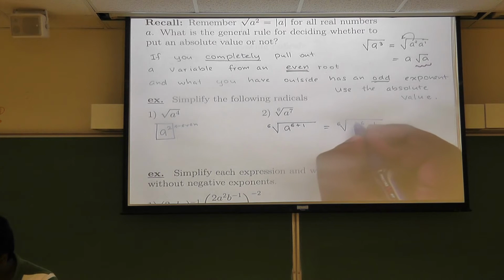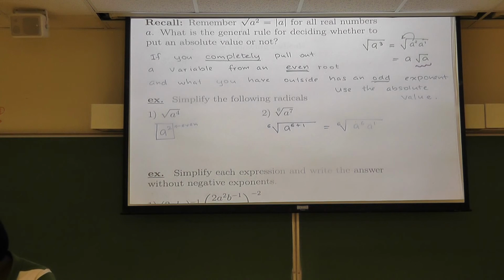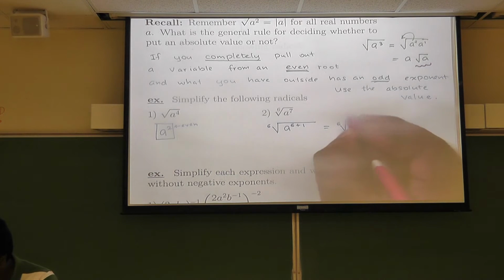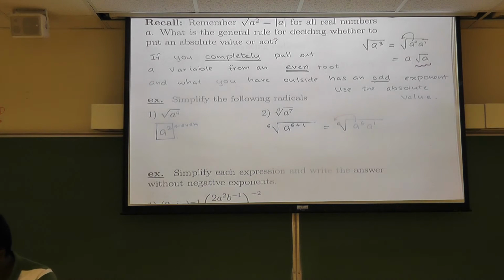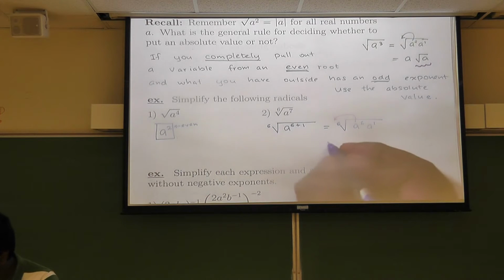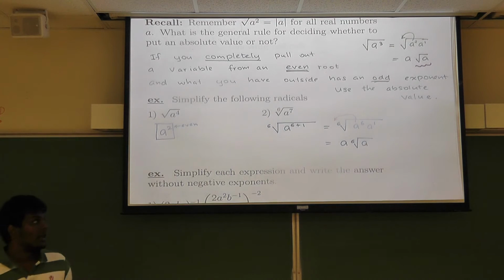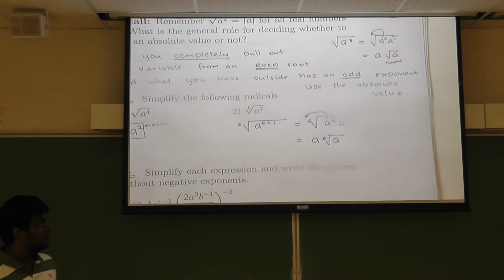Now I can pull a to the power 6 out and write it outside as a single a. So the 6th root of a to the power 6 would be a, and the 6th root of a remains. In this case, I did not completely pull out a because there is some part of a remaining inside the radical. Therefore, I do not use the absolute value.